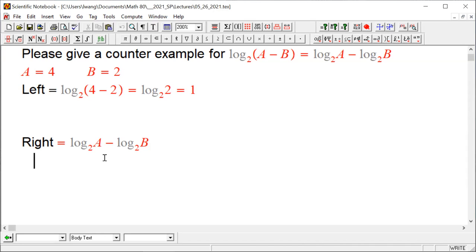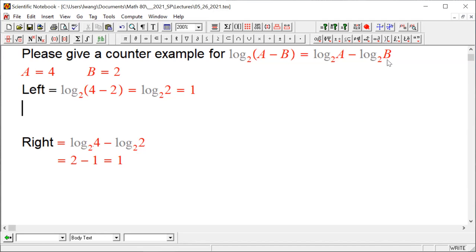And on the right, this is a 4, and this is 2. So that's going to be 2 minus 1. And they're equal. Oh my God. This shows that it's correct.